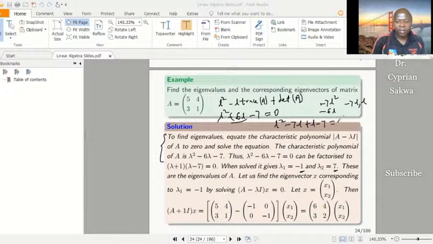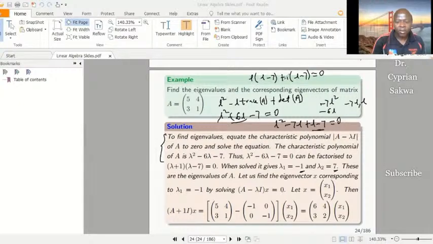Now you can factorize this. Lambda is common, put it outside, so you have lambda minus 7, then plus 1, and again 1 is common between these two, so you have lambda minus 7 equal to 0.